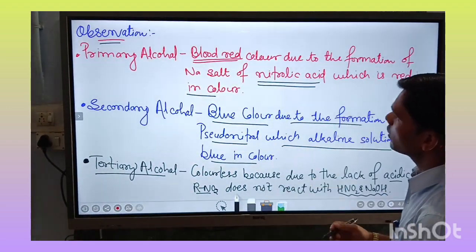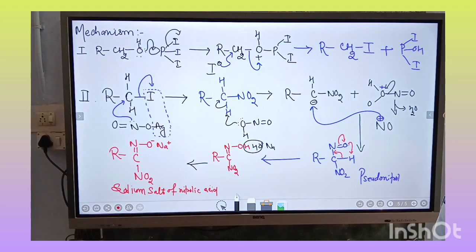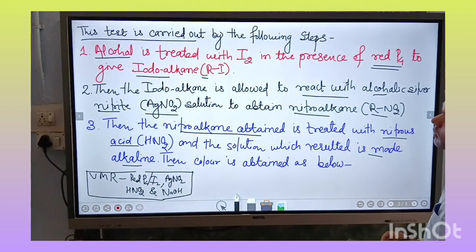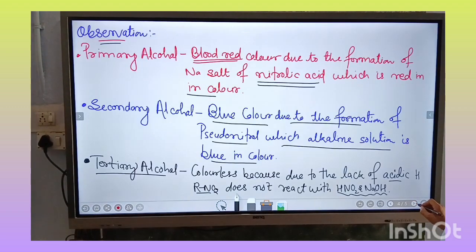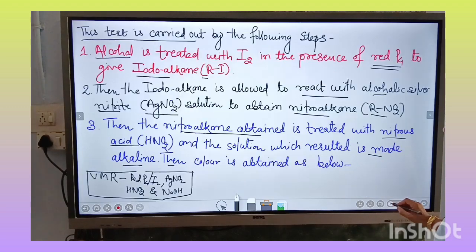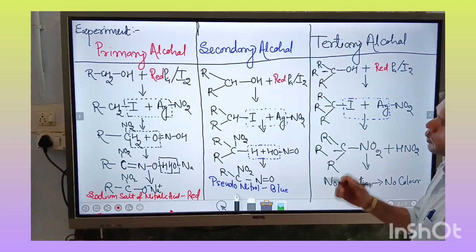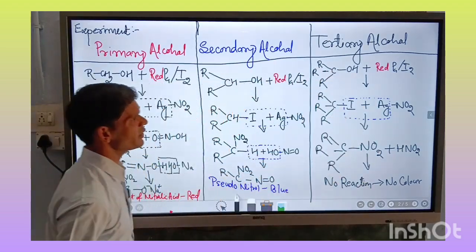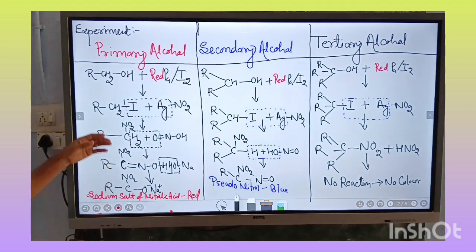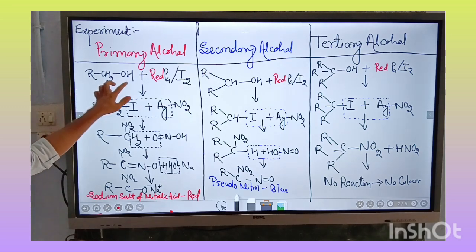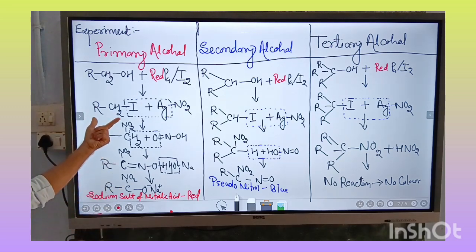Now the reaction is shown here. This is primary alcohol, secondary alcohol and tertiary alcohol. We have alcohol, and alcohol is treated with red phosphorus and iodine, giving iodoalkane.